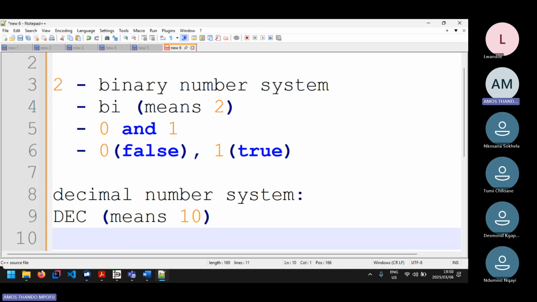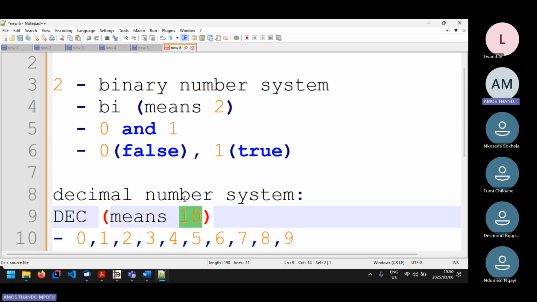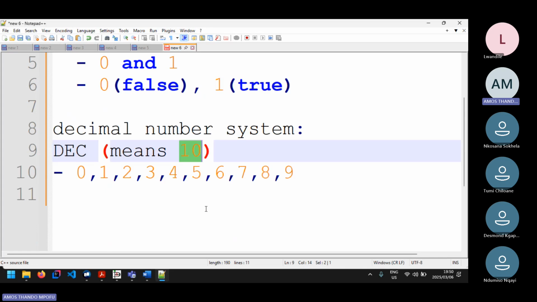And that's true because the decimal number system actually uses 10 values to represent any number. So for example, 0, 1, 2, 3, 4, 5, 6, 7, 8, 9. If you count these numbers, these are 10 numbers. So that's why we call this base 10, or DEC for short, right?